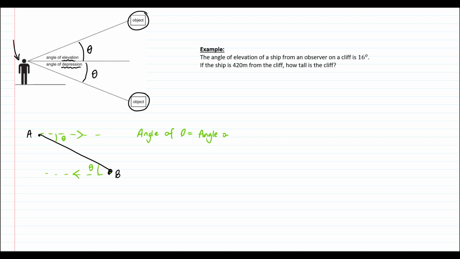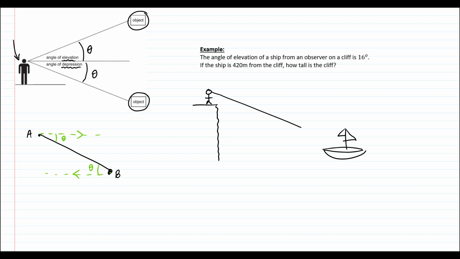Okay, so I'm going to rub this out now and do this example very quickly. The angle of elevation of a ship from an observer on a cliff is 16 degrees. So here's the observer on a cliff, and here's the cliff, and here is my take on a ship. Okay, and this person is looking down at that ship.